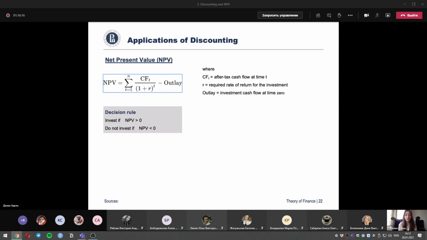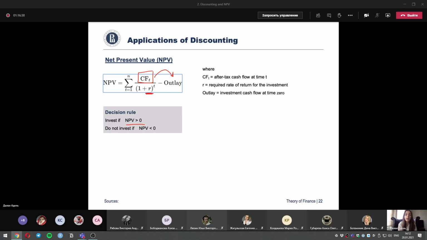In this way, the decision rule is quite straightforward. If NPV is positive, it means that our cash flows cover our investments, and not only our investments, but also the opportunity cost of capital.